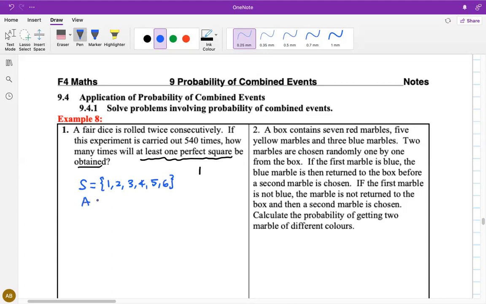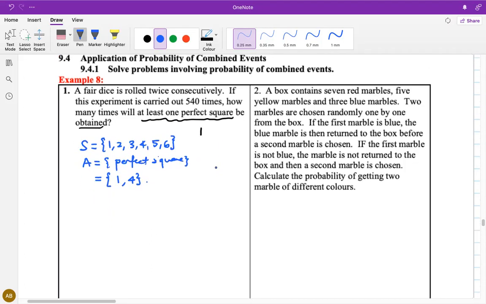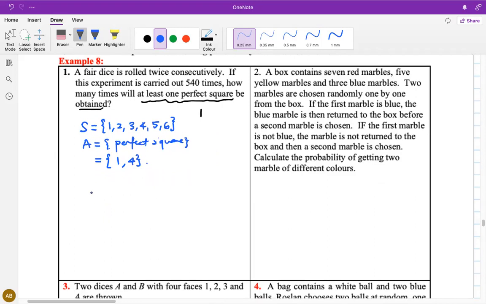So let's say A is a perfect square. Hence, the elements of set A will be 1 and 4. So how many times will at least one perfect square be obtained? You can see here, if we draw out the tree diagram, a fair dice rolled twice, so you have A and non-A.